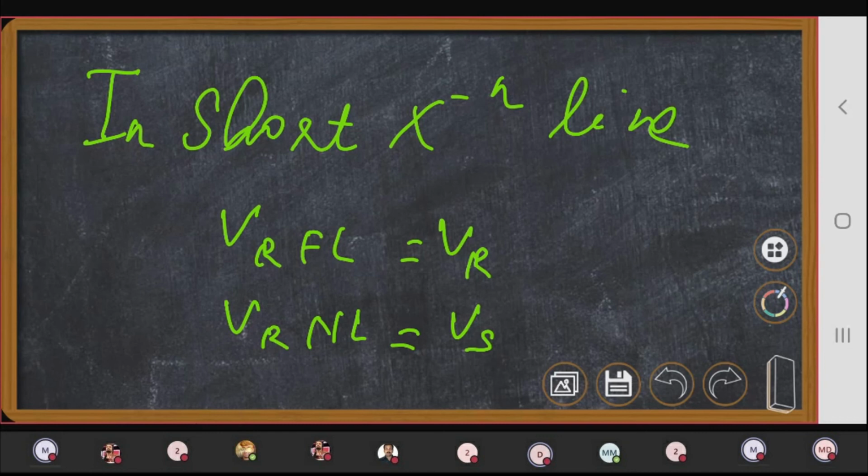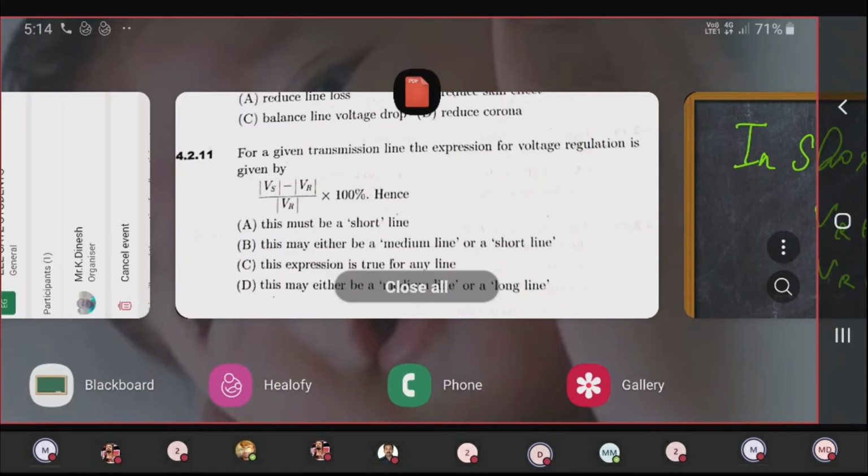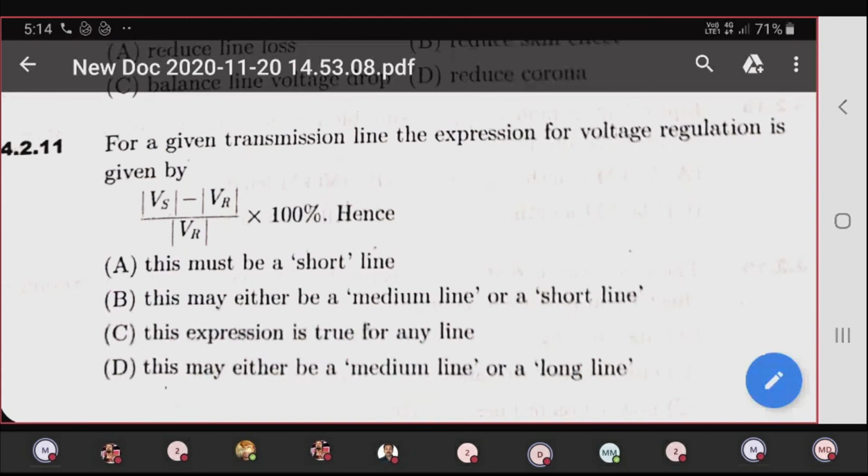For the medium and long transmission lines it is not possible. So this percentage regulation is only applicable in the short transmission line. So option A is correct. This must be a short transmission line.